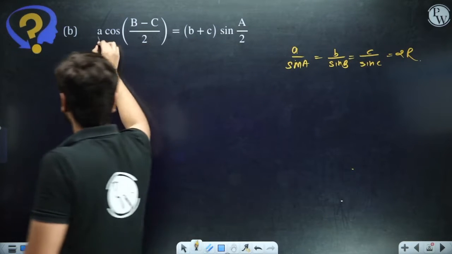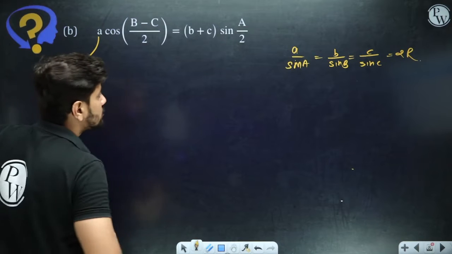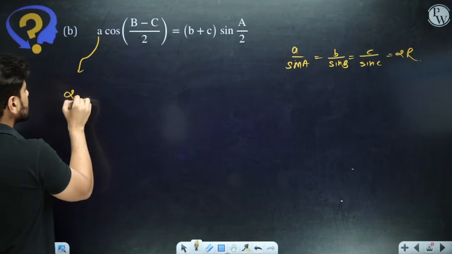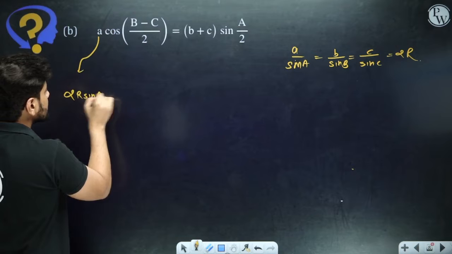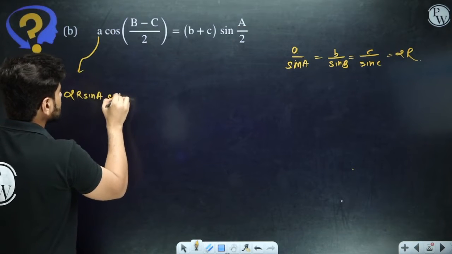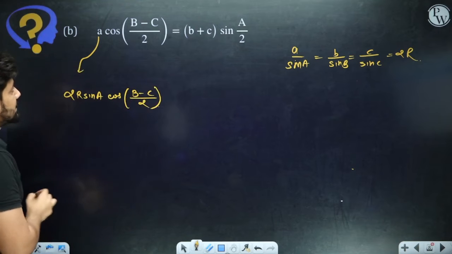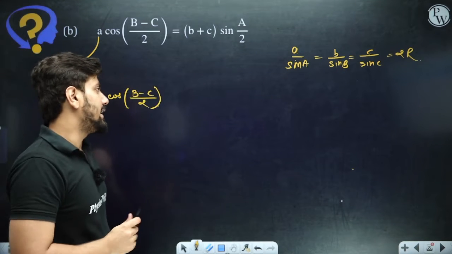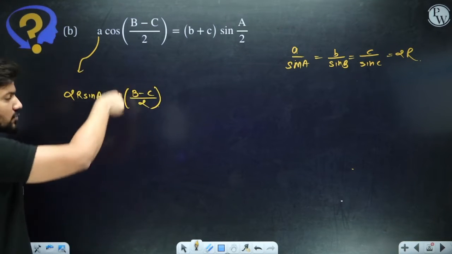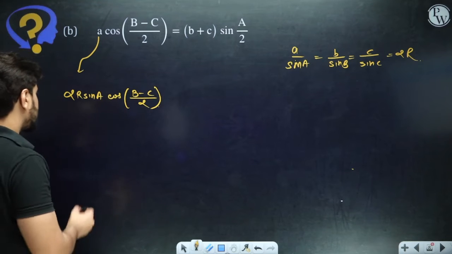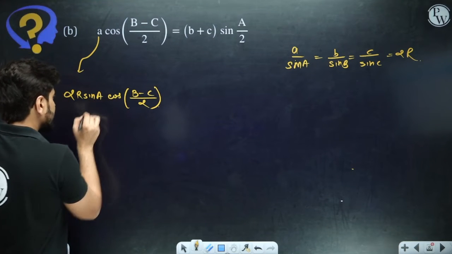So you can write side A as 2R times sine A, and we have cos of (B minus C) whole divided by 2 in the multiplication.